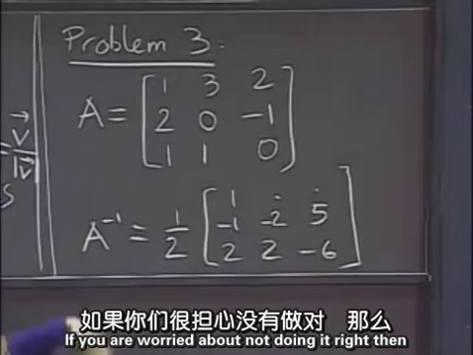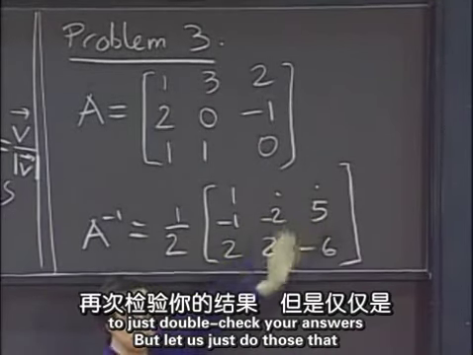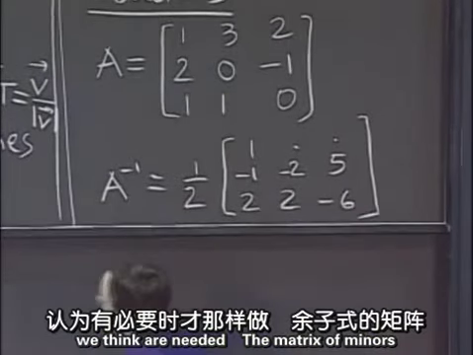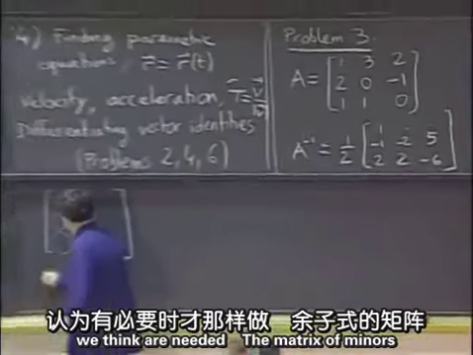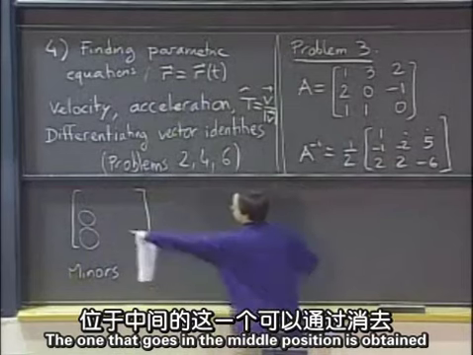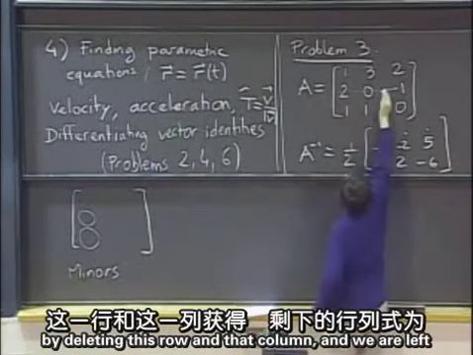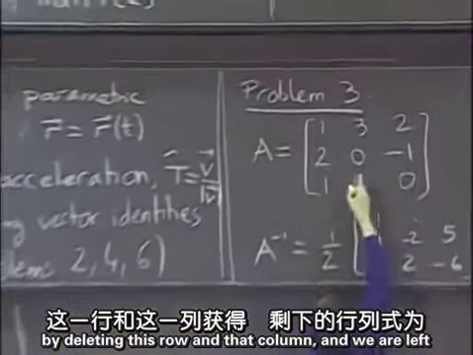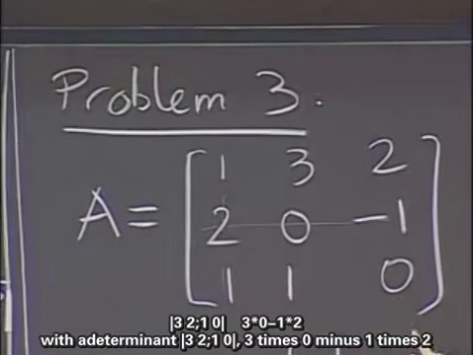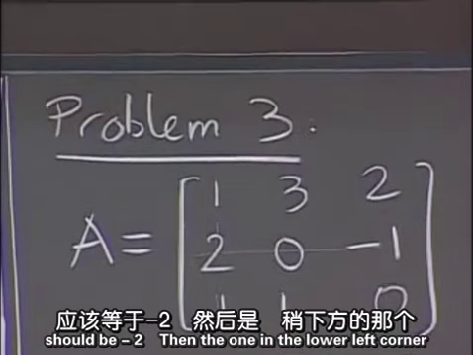If you're worried about not doing it right, then of course you can compute 1 or 2 more to double check your answers. But let's just do those that we think are needed. The minor that goes in the middle position is obtained by deleting this row and that column, and we are left with the determinant 3, 2, 1, 0. 3 times 0 minus 1 times 2 is minus 2.